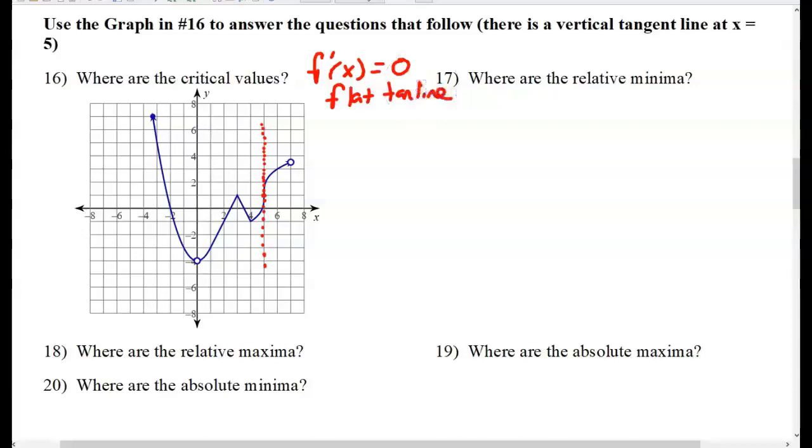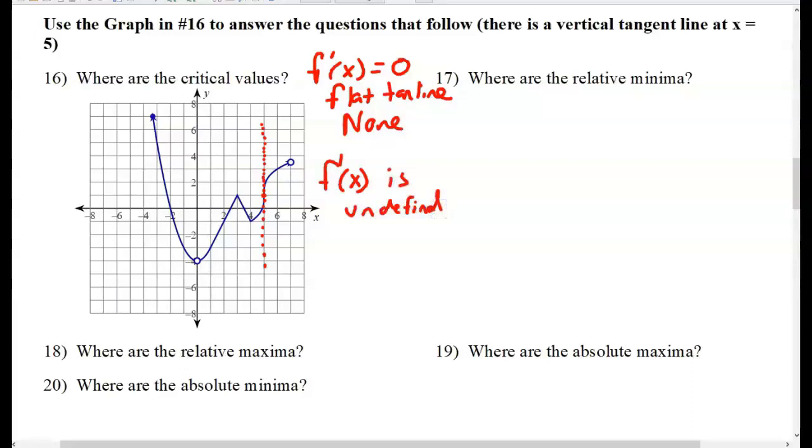Now there would have been one right here, and so we would have said that there's a critical value at x equals 0. But we're not going to say that, because there's no dot there, so we can't say that f prime equals 0 there. So we'll say that there is no place on this graph where f prime equals 0. But another place where there's a critical value is where f prime is undefined, or where a function is not differentiable.